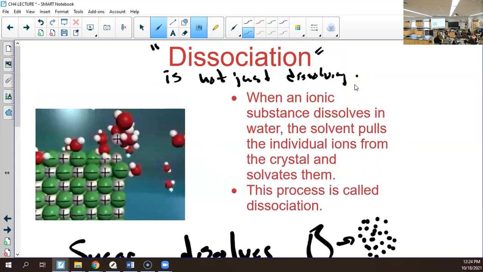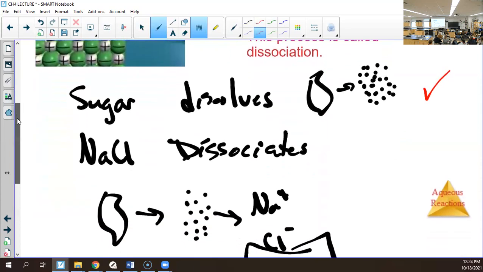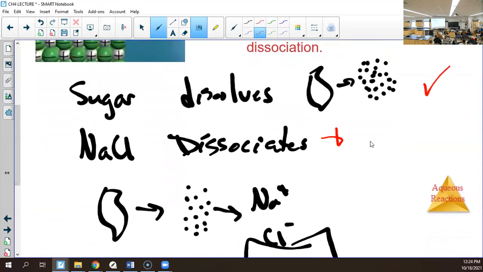And here's what I mean by that. Sugar is a large chunk. I put it into water and we say it dissolves to form smaller pieces. That is a true statement. Sugar dissolves. But salt dissociates, and I should probably put and dissolves. Wait, so dissociation is when an ionic compound does it? Yep.